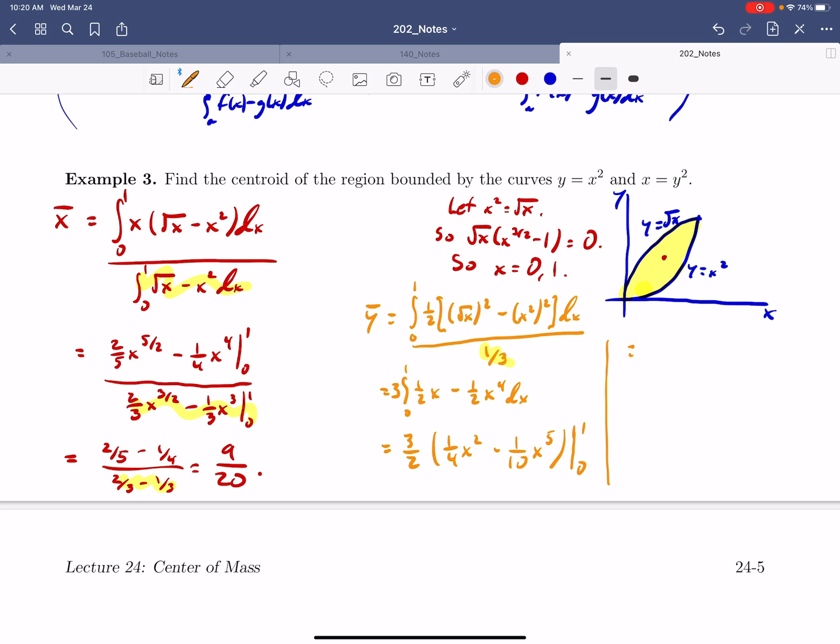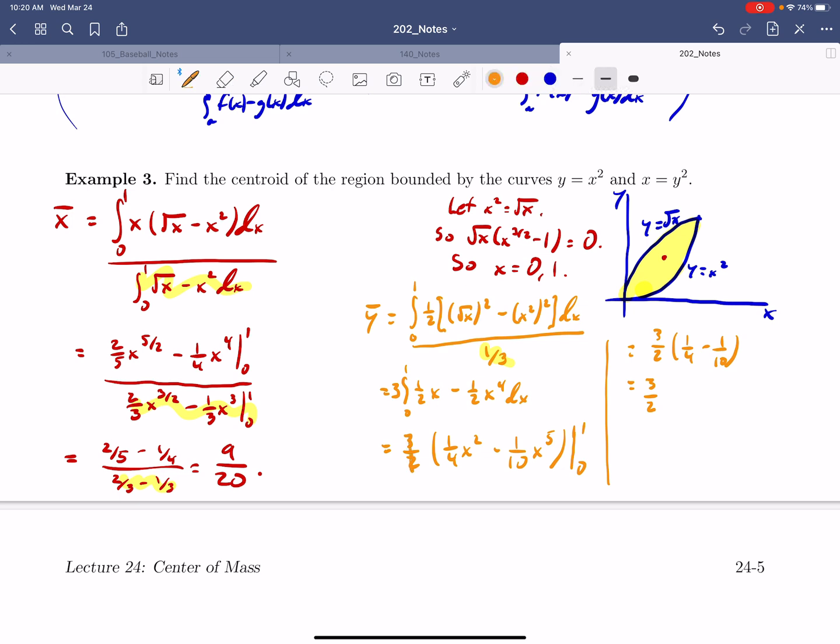And if we continue that up here, we're going to get 3/2 times 1/4 minus 1/10. You plug in 0, it's going to be 0. So 1/4 minus 1/10 is 5/20ths minus 2/20ths, which is 3/20ths. Oh, whoops, I'm sorry, I'm off by a factor of 1/2 here.